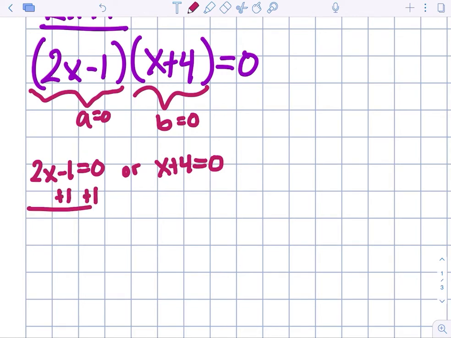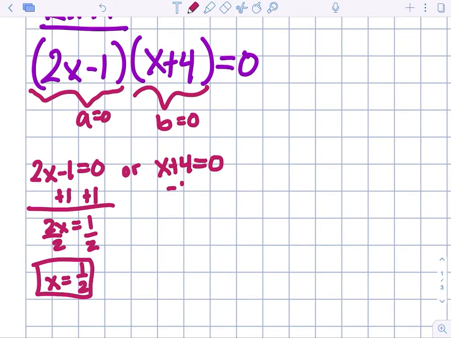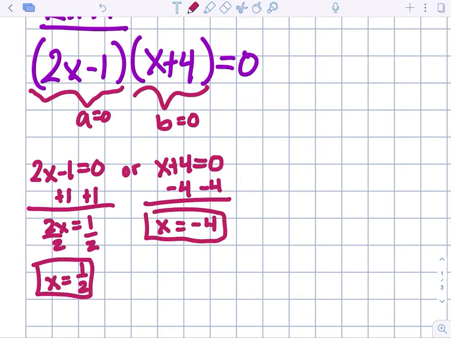Add 1 to both sides, divide both sides by 2, and x is equal to a half. Or over here, you subtract 4 from both sides, and x is going to equal negative 4. So 1/2 or negative 4 will make these two become 0.